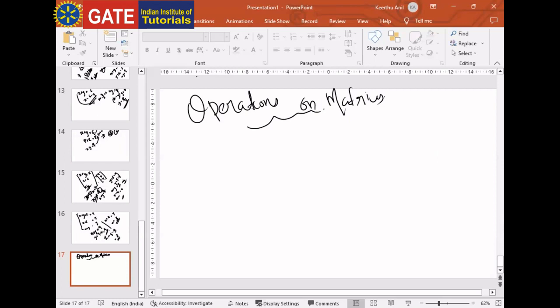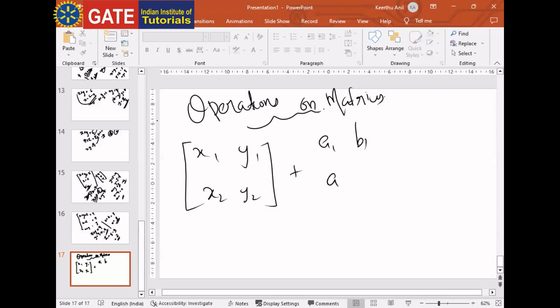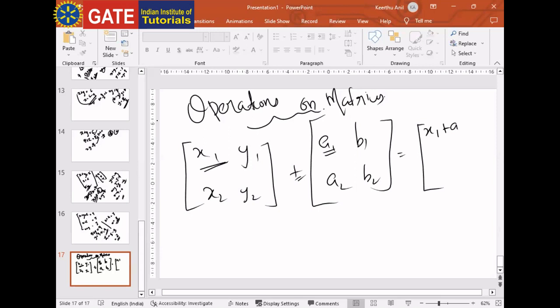So if you have a matrix x1, y1, x2, y2, and you are going to add this matrix with a1, b1, a2, b2, then our answer will be first element plus first element, x1 plus a1.